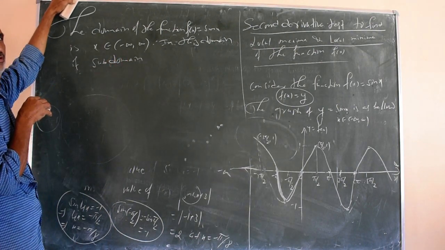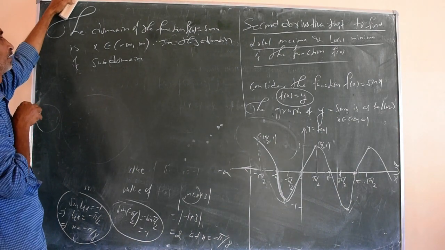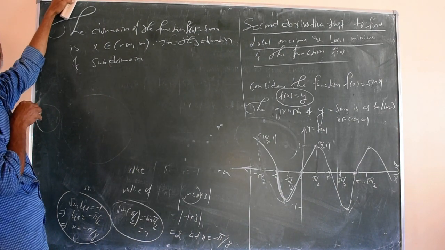Domain is a set. Codomain is a set. Range is a set. A subdomain is a subset of the domain set.